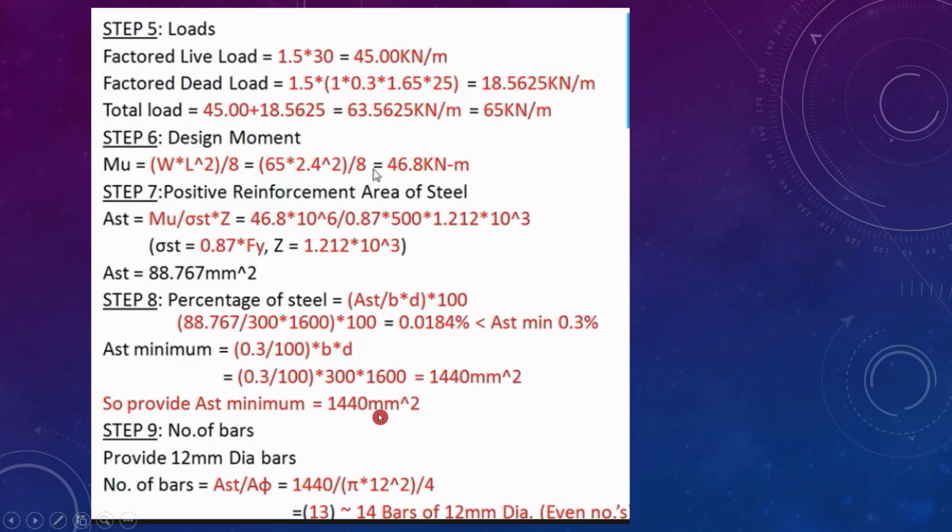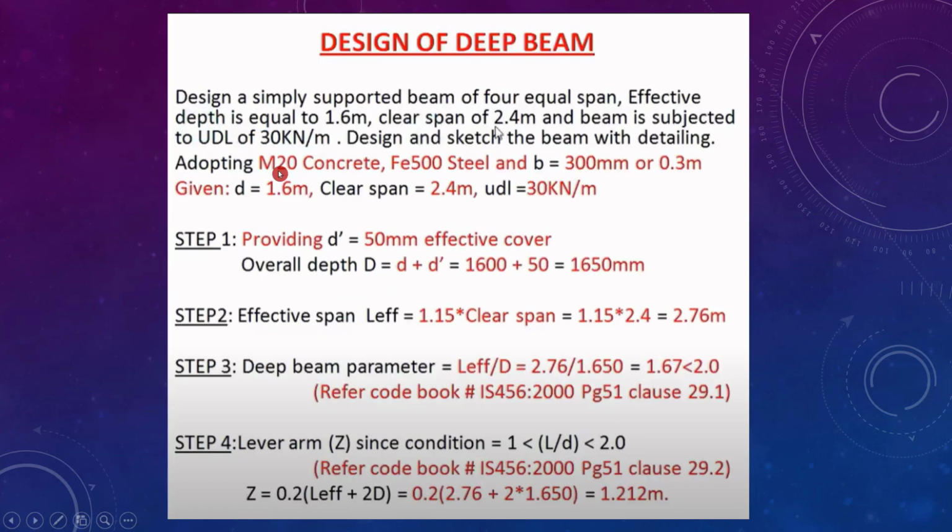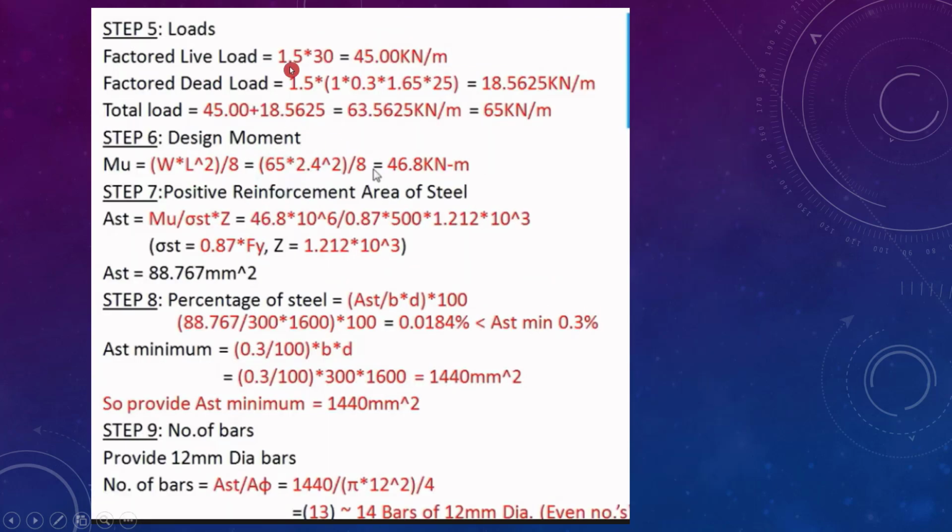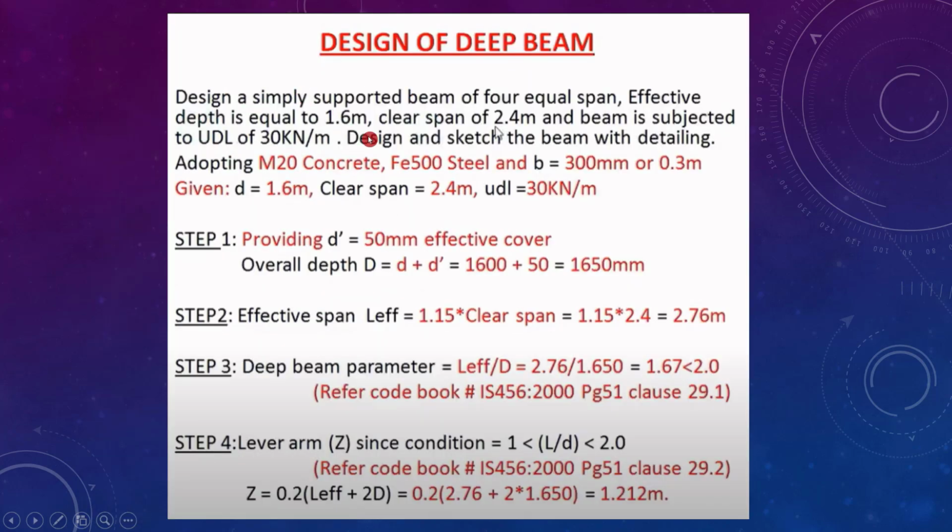Next is the calculation for the loads, which we have already done for designing the normal beams. The given UDL is 30 kN per meter. Factoring it 1.5 times, 1.5 into 30 is 45 kN per meter, the factored live load. For the dead load, we know the section of the beam.